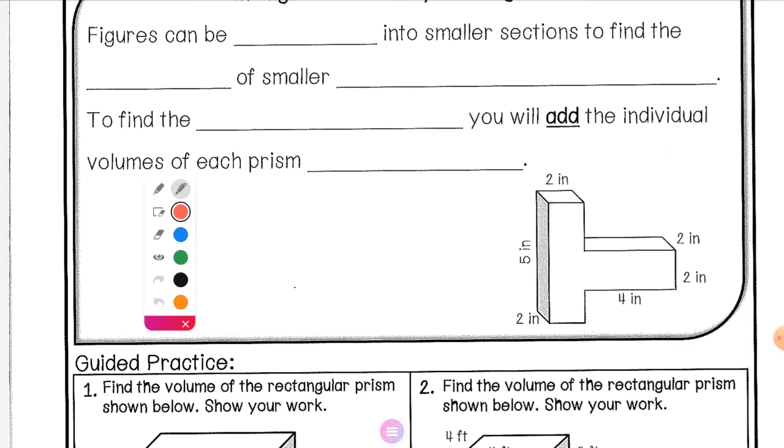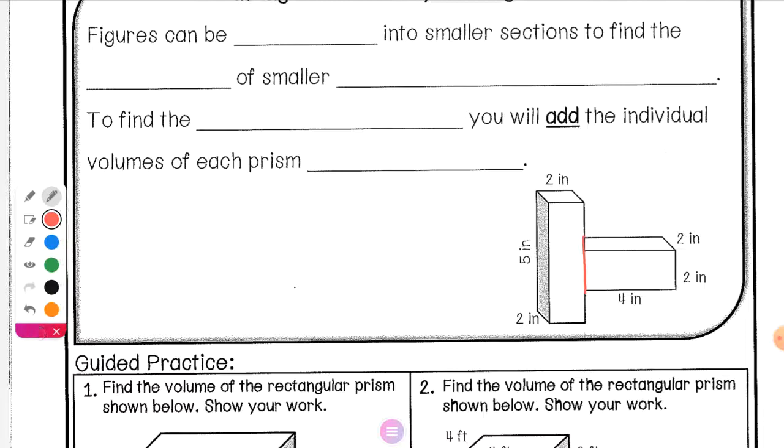Yeah, if I chop it right here, do I now have 2 rectangular prisms? Yes. We're going to number them. Okay, we're going to call this one number 1 and this one number 2. For number 1, how do I find the volume of a rectangular prism, Dawson?